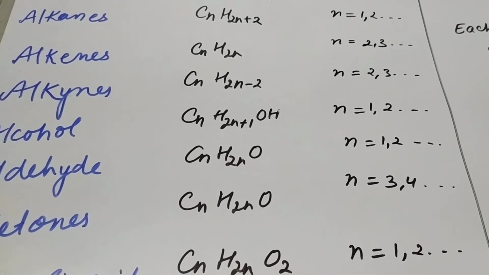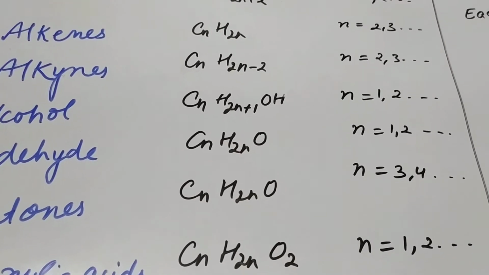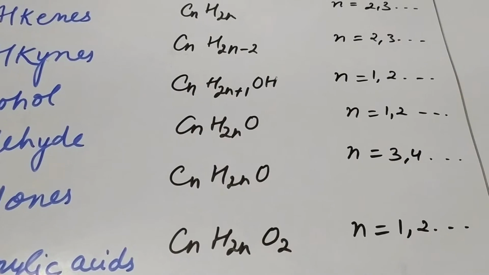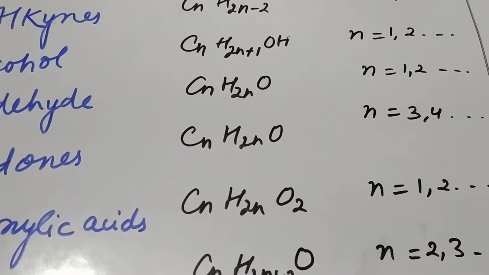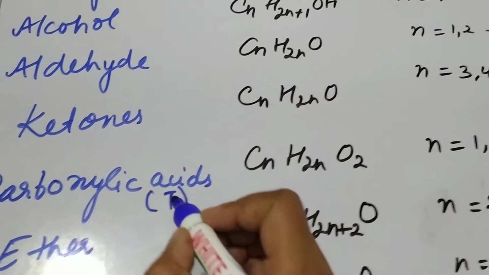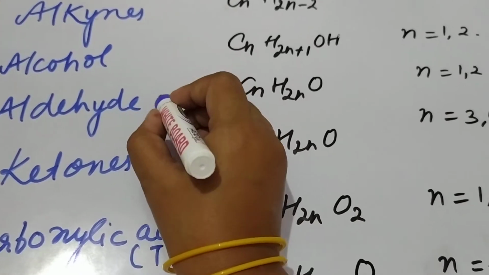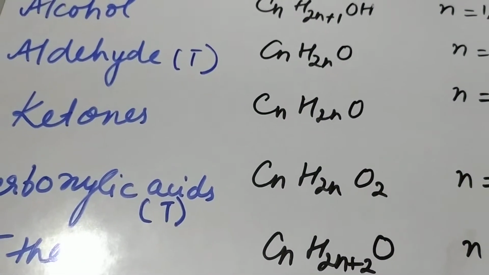Now one thing you all must know again, there are certain terminal groups, central groups and both terminal and central groups. Terminal group means a group which is present only at one end of a chain. So carboxylic acid is a terminal group and aldehyde is a terminal group. Both are present only at the corner.